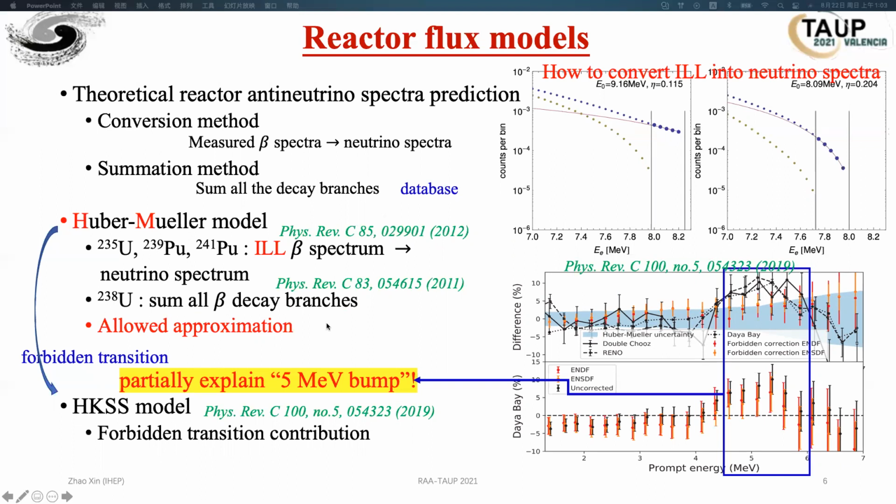Then if we consider the forbidden transition in this reference, a model abbreviated as the HKSS model is obtained. And we can see from these two figures, comparing with the Huber-Mueller model, the HKSS model can partially explain the shape anomaly.